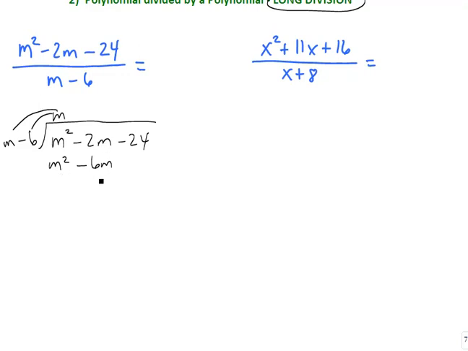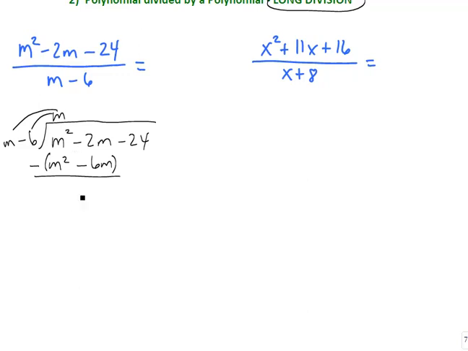Now remember the algorithm for division. When we do our long division process and we write down what we get underneath here, we draw our line, and then we actually need to subtract this entire quantity from what's above it so that we can figure out what our remainder is.